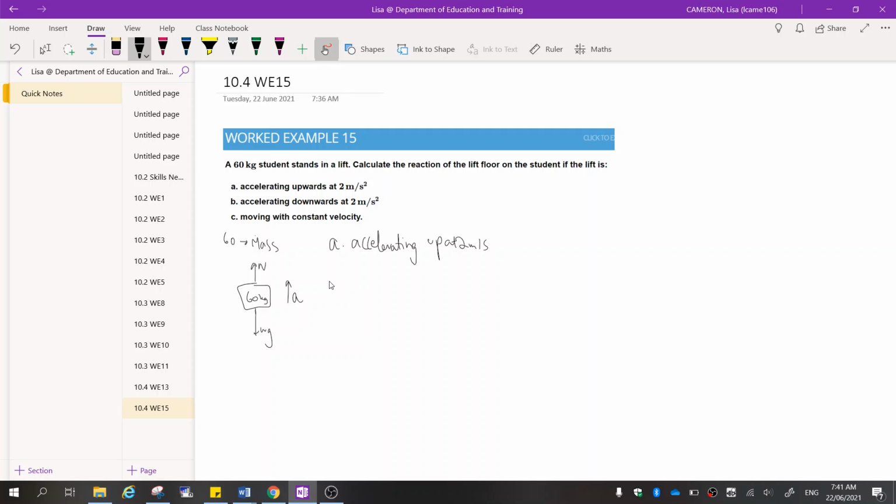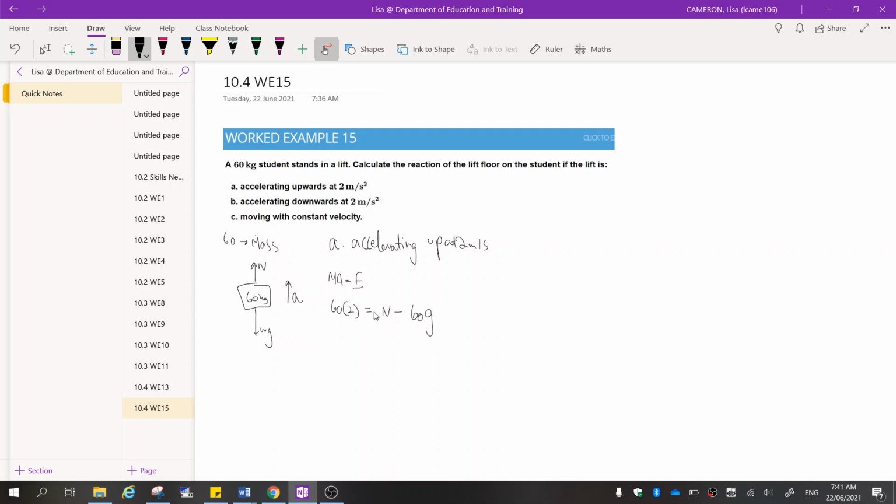So now we can start to piece this all together. Mass times acceleration gives you your force. So in this example, our mass is 60. Our acceleration is up this direction at 2 meters per second squared. And now when we're resolving our forces, our normal force is going up, so N, and it's being counteracted by our weight force, which is 60G.